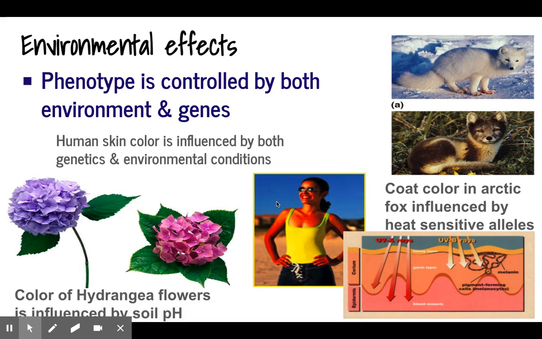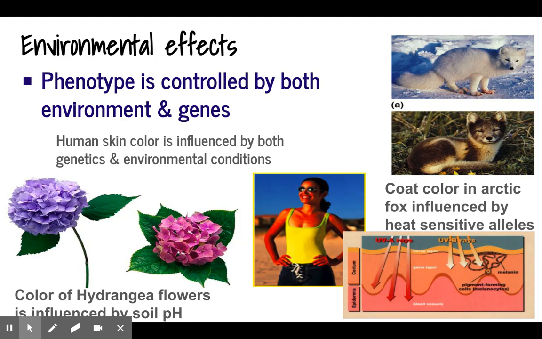All right. Now, environmental effects: phenotype or traits are controlled by both the environment and your genes. So, human skin color is influenced by both genetics and environmental conditions, as we stated. So, people that live around the equator tend to have darker skin. Why? Because of melanin, which gives skin coloration, and melanin also helps to protect us from the sun.